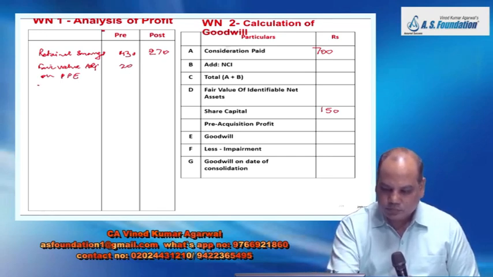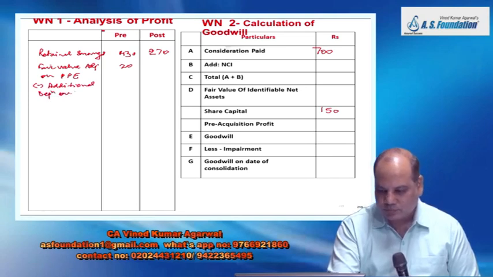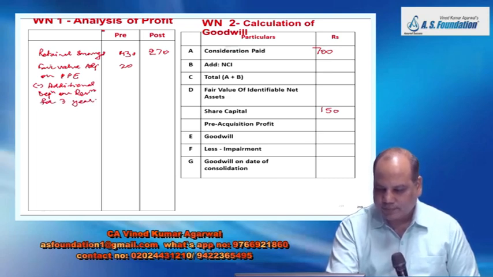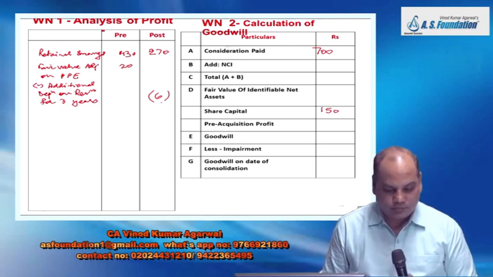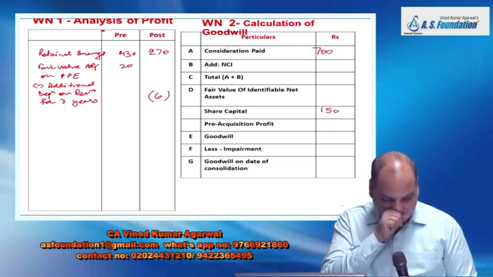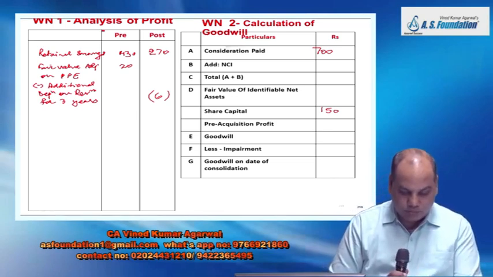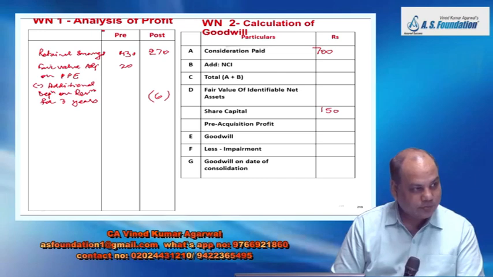Pre-column less additional depreciation on revaluation for 3 years, that is 6. 20 upon 10 into 3. Okay. Correct. This adjustment is over.